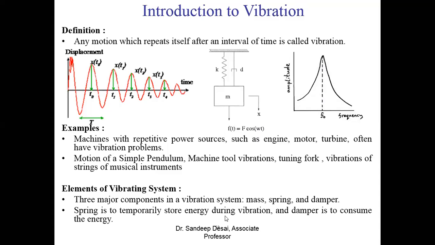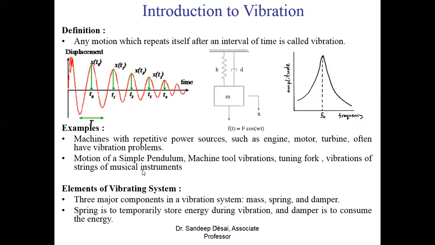What are different examples of vibrations? Machines with repetitive sources: engine, motor, turbine. I have also told you a number of examples while we were discussing: motion of pendulum, machine tool vibrations, tuning fork, vibrations of strings of musical instruments.